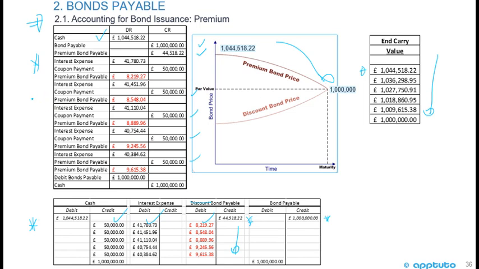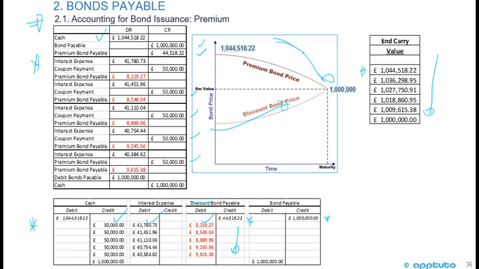So this is very important to understand the accounting for a bond issuance. Par is very easy. Discount and premiums, we have to look at our debit on cash, our credit, our bond payable is always the face value, but then we either have a debit if it's at a discount or a credit if it's at a premium, and then our interest expense is not matching our coupon payments, so we have this amortization on the discount or premium, and if it's at a discount, we're being pulled up to par.